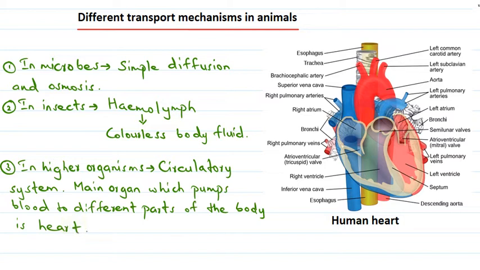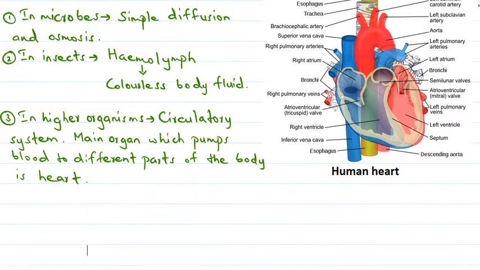So the heart actually pumps blood to different parts of the body, and there is a separate circulatory system that helps in transportation in case of higher organisms.